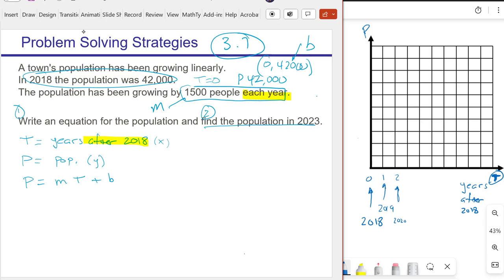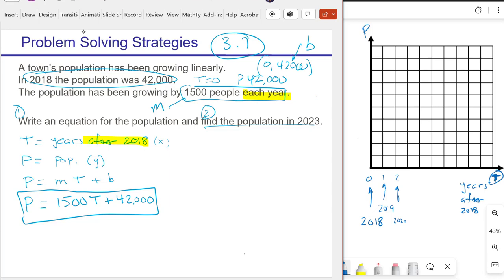So our equation is 1,500 times time plus 42,000. So we wrote the equation. Now, we have a choice to solve this with algebra, and we should. But I also want to graph it so that you can see and interpret with the graphing as well.